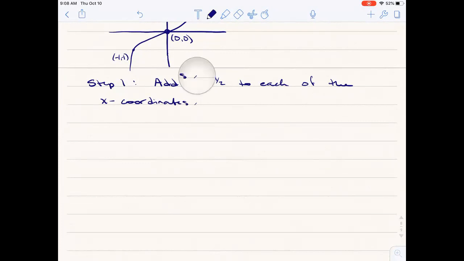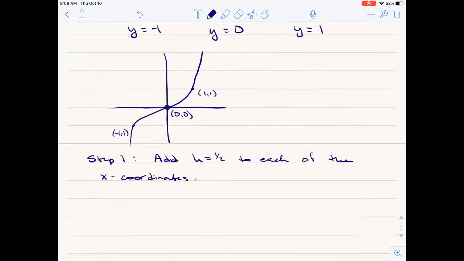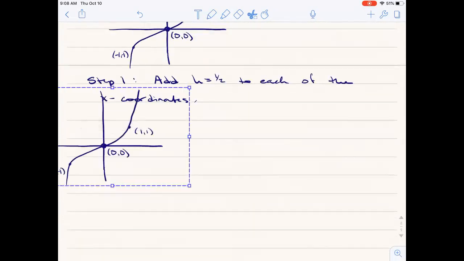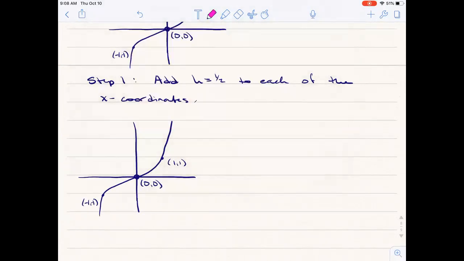Okay. So I'll just copy this. Copy. So I can draw on it.